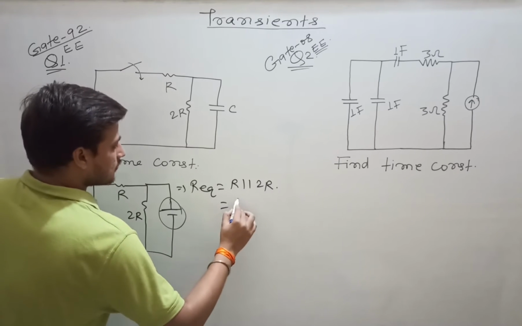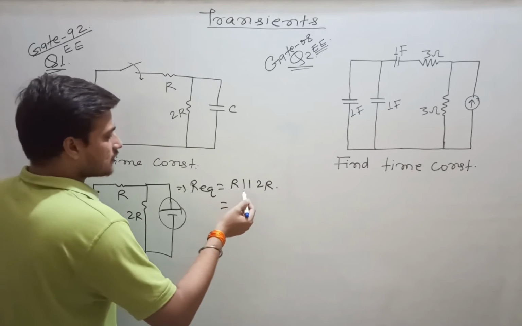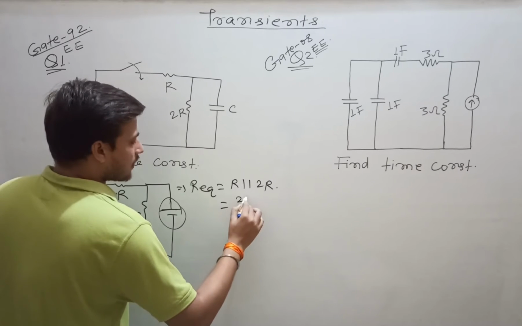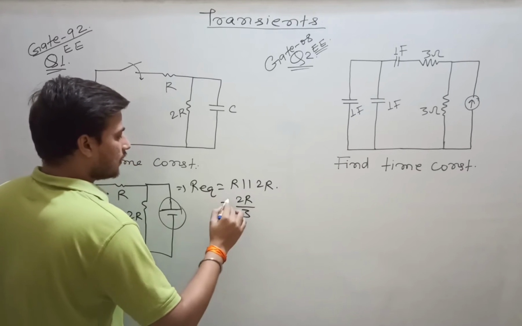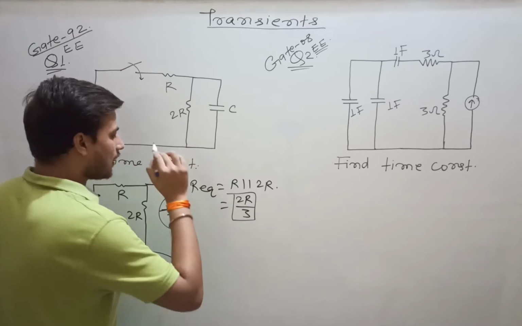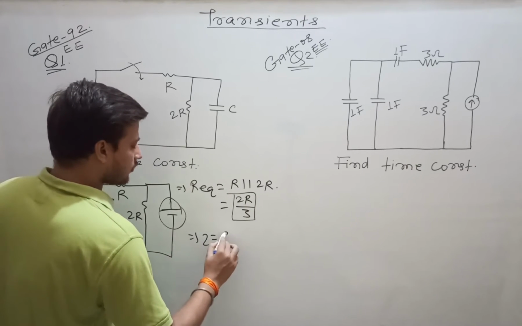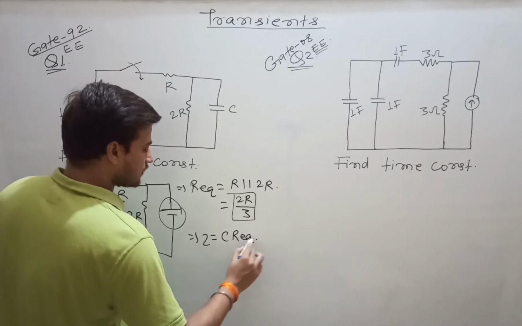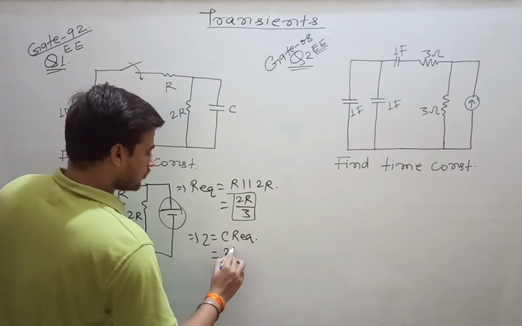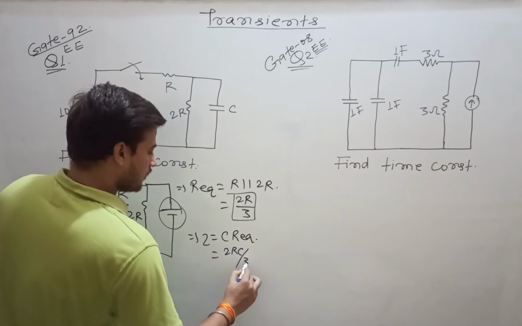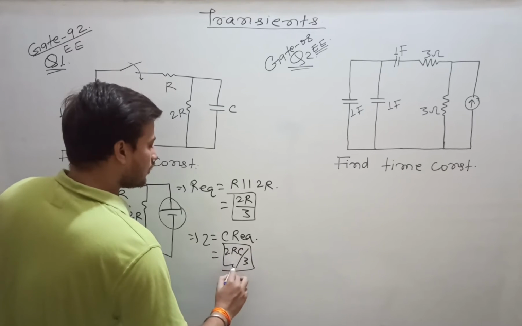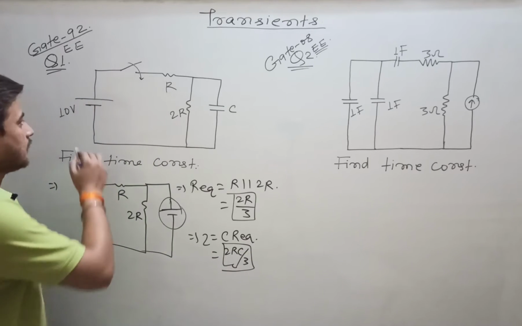So its value will be 2R divided by 3. So hence tau will be equal to C into R equivalent. So here it is 2RC upon 3. So the answer of time constant will be 2RC upon 3.